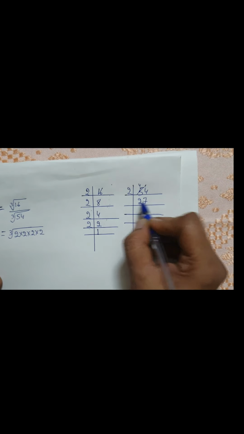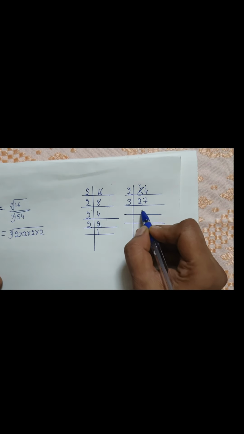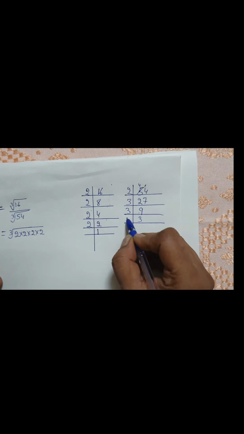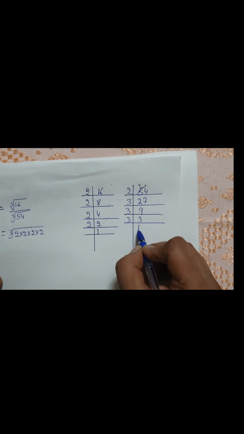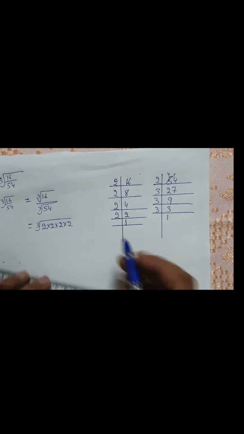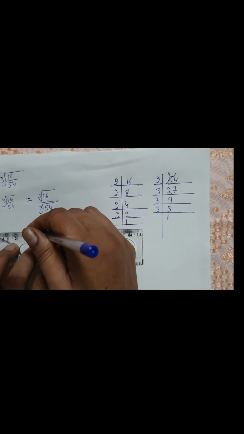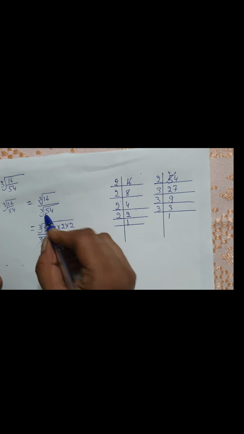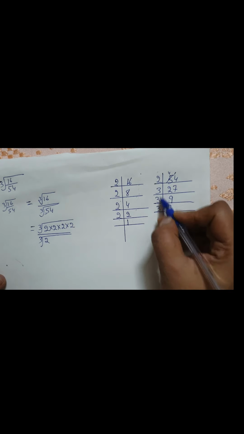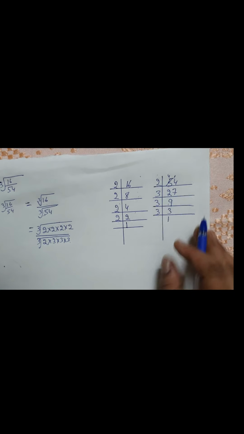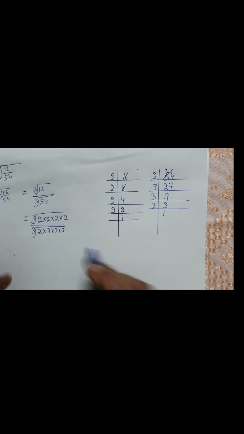So 7 is an odd number, so we have to take 3. 3 9s are 27. 3 3s are 9. 3 1s are 3. Now we will write all these factors inside. Cube root of 54 is 2, and how many times 3? 1 2 3.